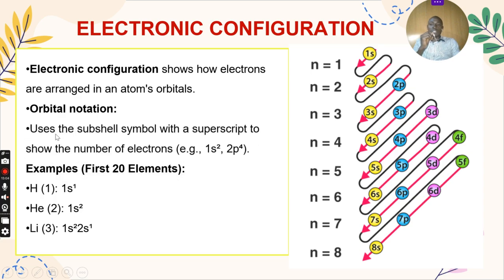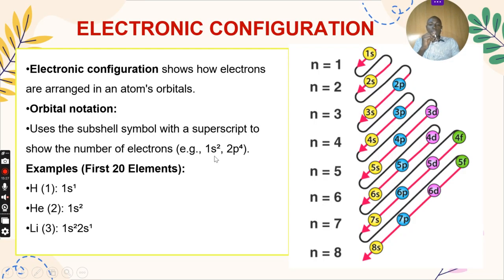The orbital notation uses the subshell symbol with a superscript to show the number of electrons. For example, 1s2 shows that this subshell or orbital is in the first energy level, and there are 2 electrons that have been added to it.